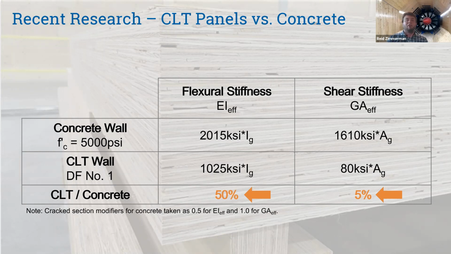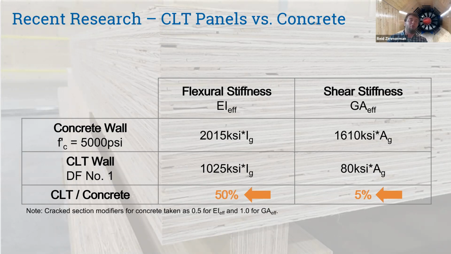When you look at the flexural stiffness of CLT for the same wall thickness and the same length, and the shear stiffness as compared to a concrete wall, you've got about 50% of the flexural stiffness, and only about 5% of the shear stiffness. So a CLT wall building is more flexible, or alternatively, for the same target drift level, a CLT wall building will need longer walls, assuming the floor masses are the same.